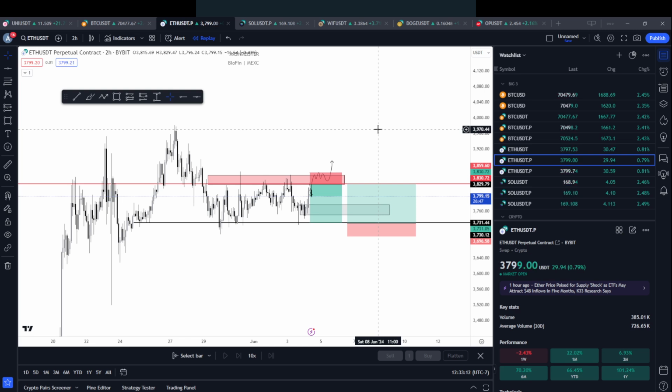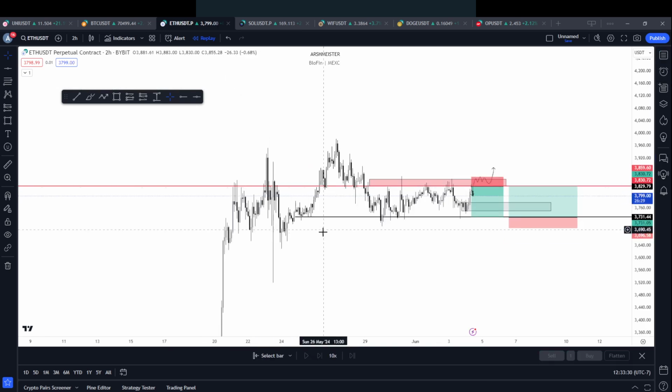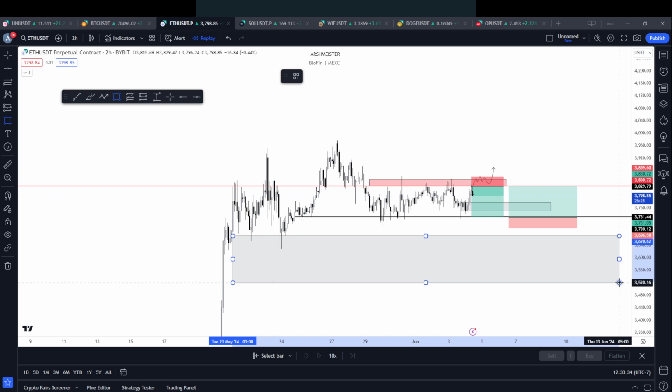A range is the easiest setup that you could play. You're going to short range highs until proven wrong, and you're going to long range lows until proven wrong. In this example, we've had multiple touches from highs and lows, so one side is eventually going to give. This is a 2-hour time frame, so there's a lot of liquidity here waiting to be grabbed.